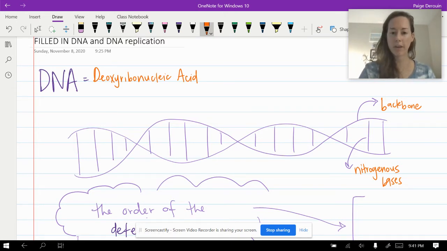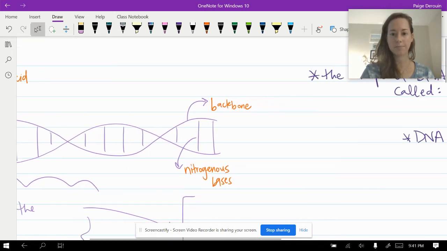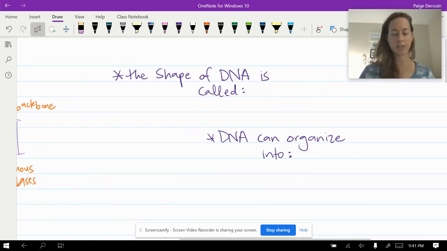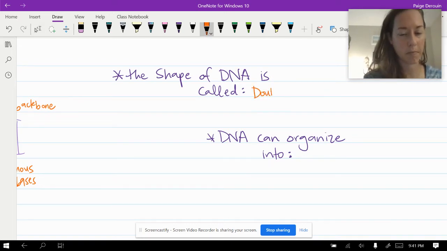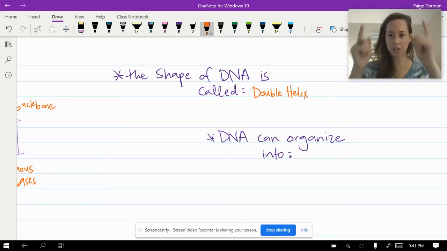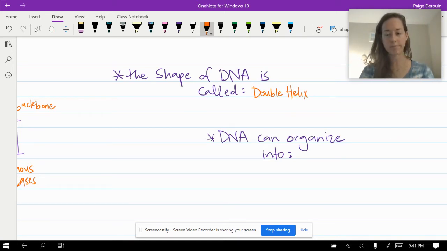I want to go over here really quickly and just cover this. The shape of DNA is called a double helix, which means there are two strands that are twisted together. Helix means spirally.